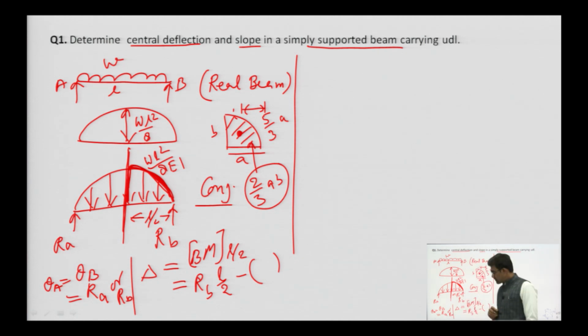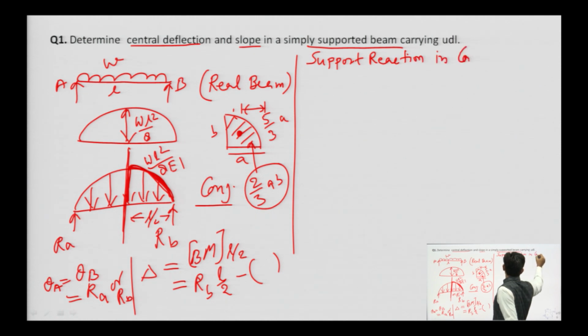Okay, so next thing is what? We need to find first of all the reaction. We need to find the reaction in the conjugate beam. So let us calculate support reactions in the conjugate beam.